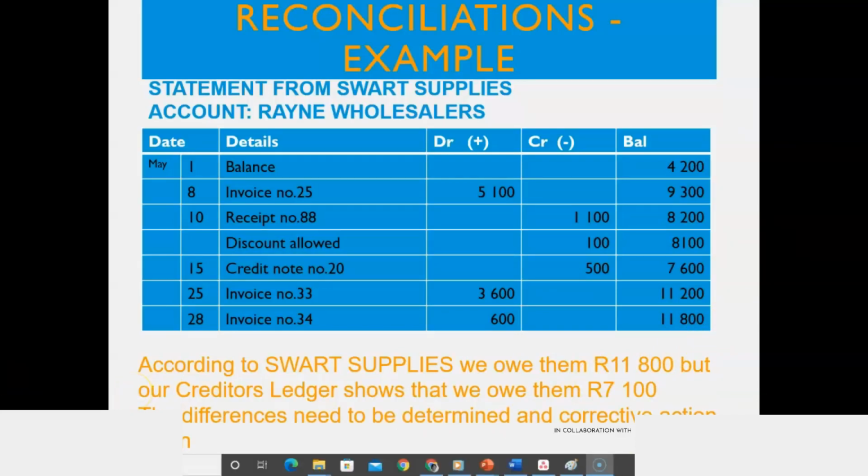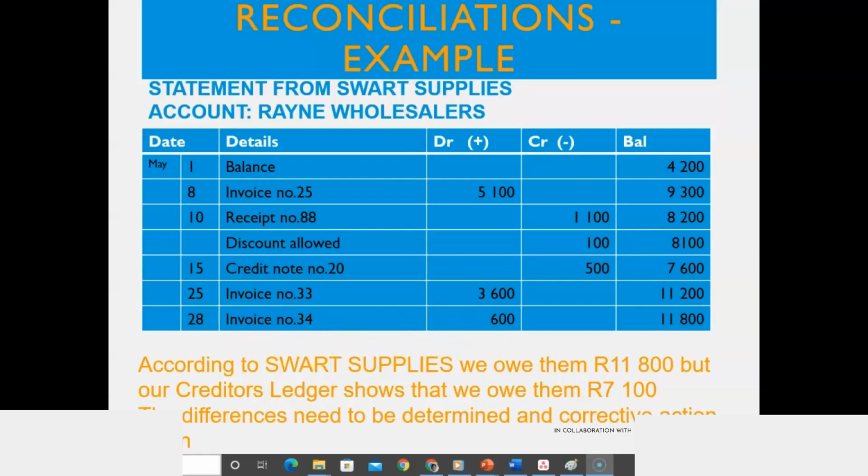So the 11,800 is going to be the opening balance of our reconciliation. After that, there are certain things we noticed that were recognized there but not recognized on the other side.